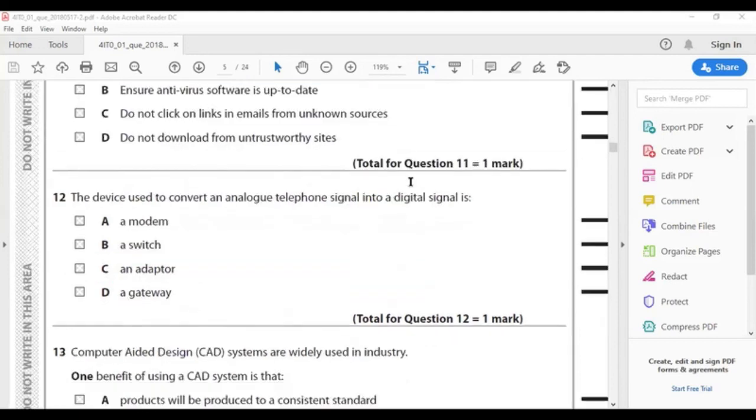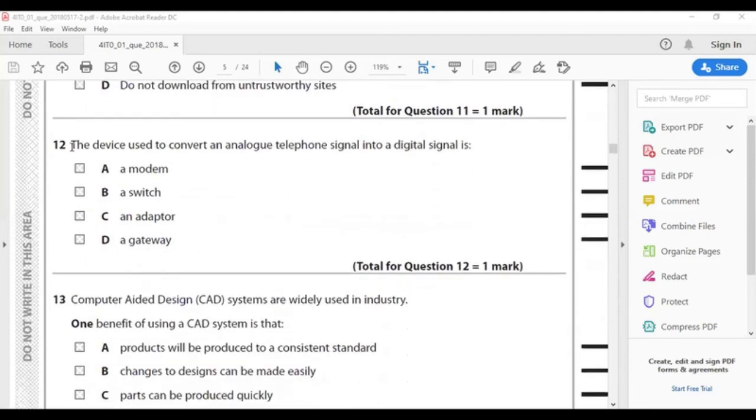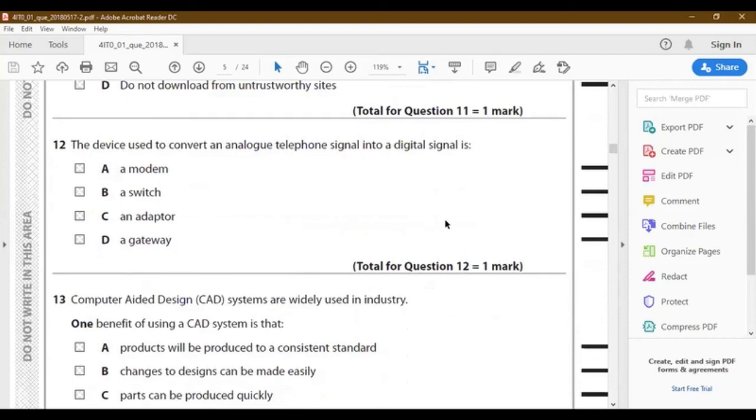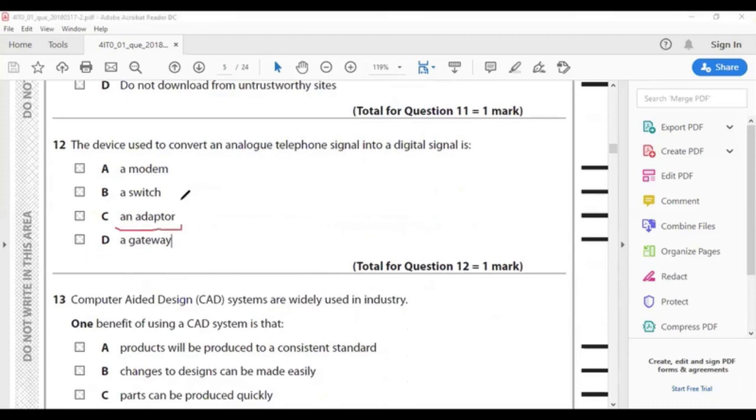Next question, question number 12, Mr. Osman. Very easy question. Convert an analog telephone signal into a digital signal is adapter, C. Osman, an adapter is what you need to charge your phone, so there's no way it can be an adapter.